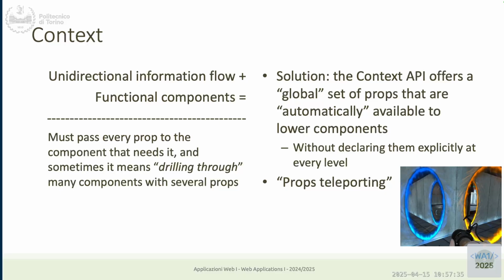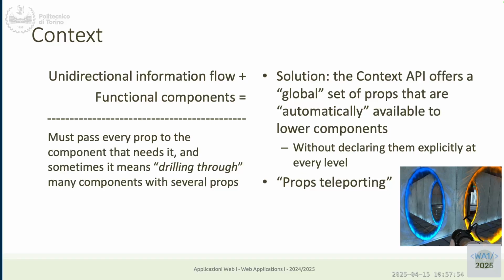Okay? But that could be some set of properties, some states, some information stored in some state that is useful for every component in your application, all of them. So in theory, you should pass these properties to all the components, to the children, the subchildren.